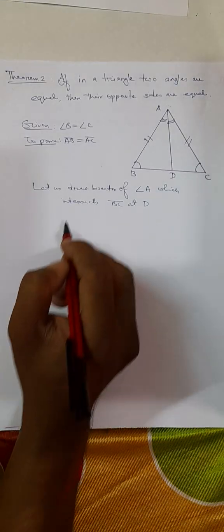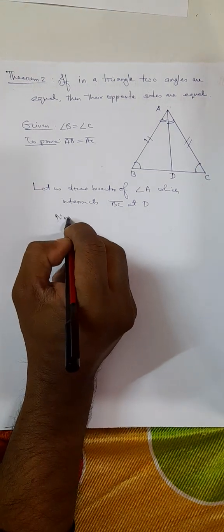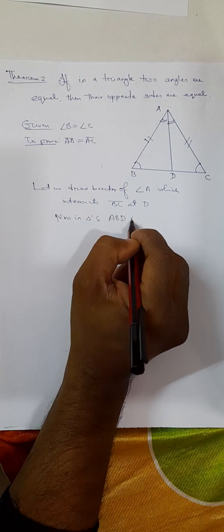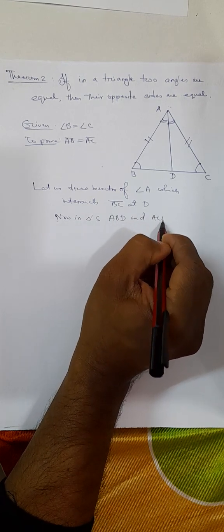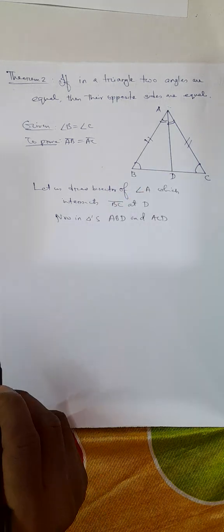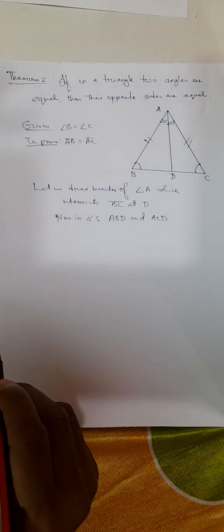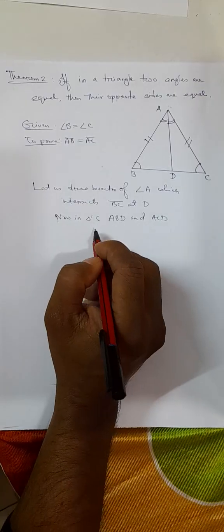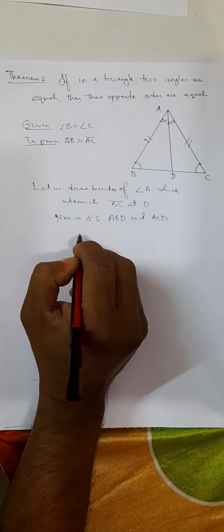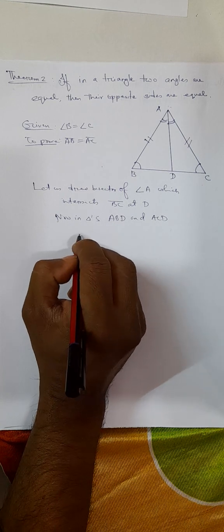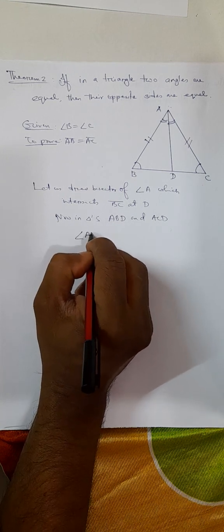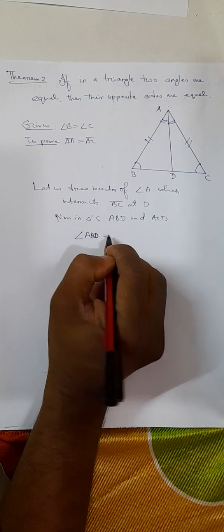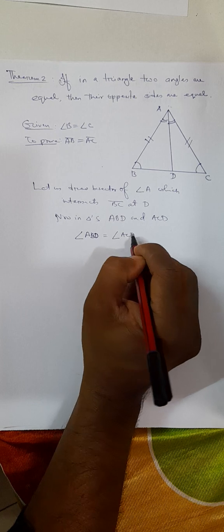Now we see, in triangles ABD and ACD, you see in these two triangles, we are given angle B equal to angle C. That means angle ABD equal to angle ACD.